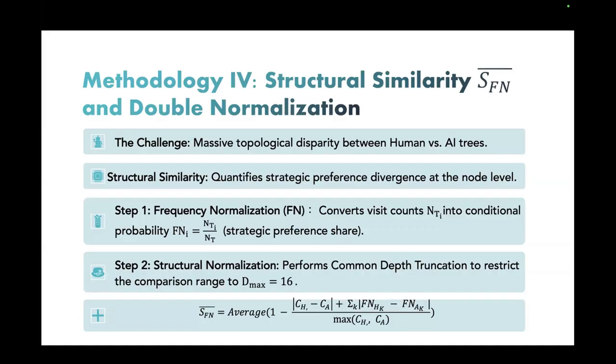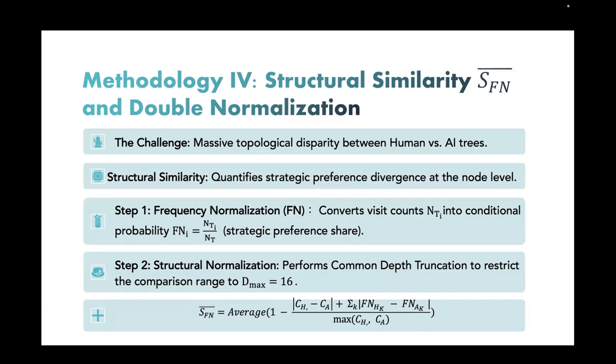Its goal is to quantify the divergence in strategy preference at every single node level. We designed a double normalization procedure to ensure a fair comparison.